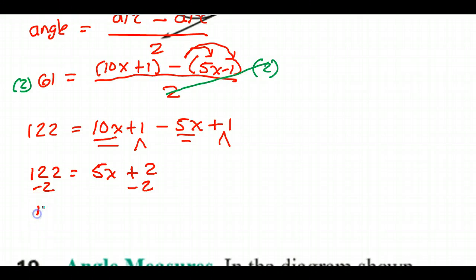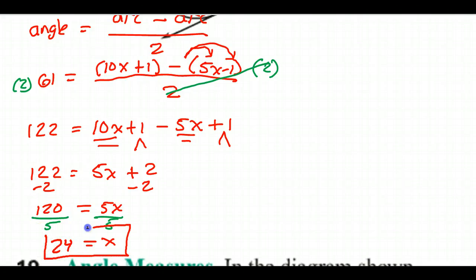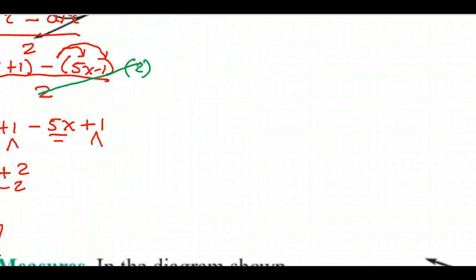So subtract 2, that's just going to be 120 is equal to 5x, and then divide by 5, and that should be your answer. So that was a little complicated. I'm hoping that you followed it anyway. So that's going to be 24. Alright, let's see what's left.